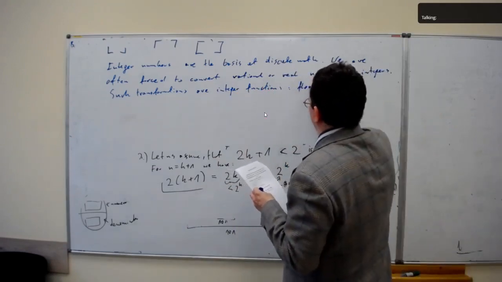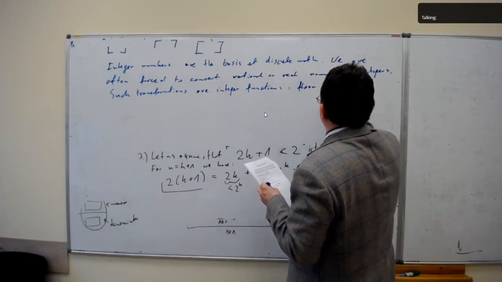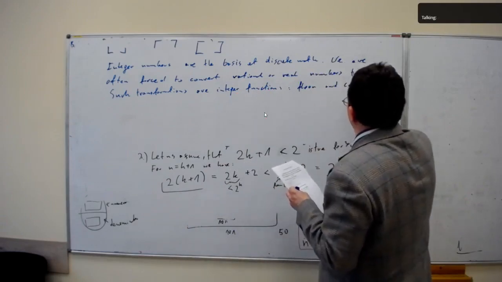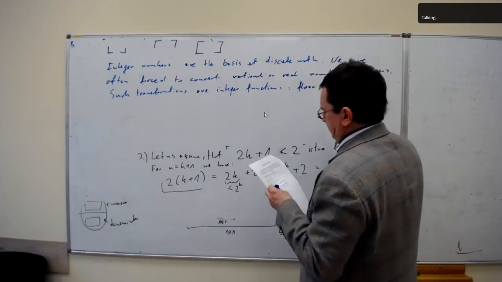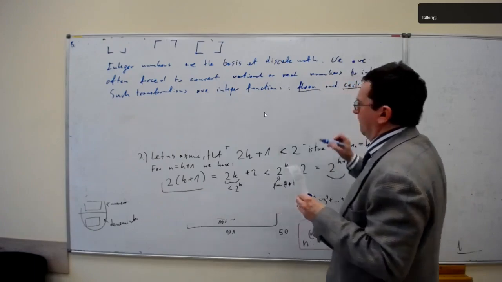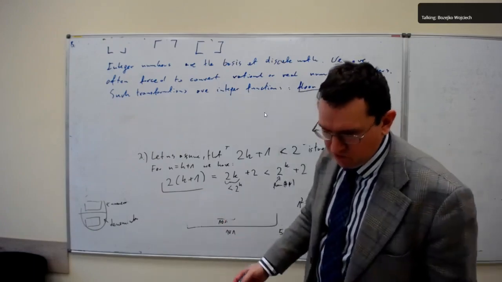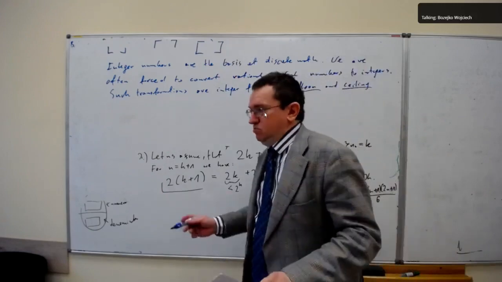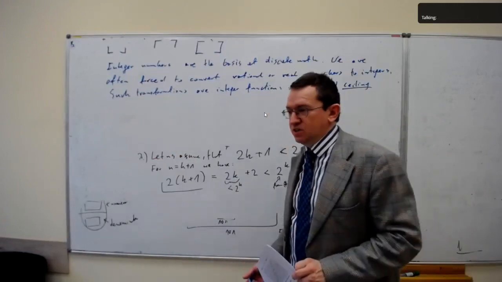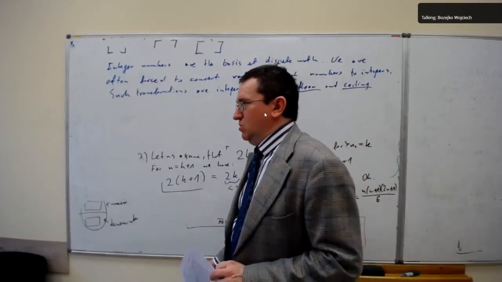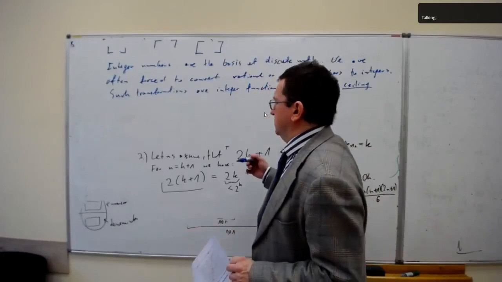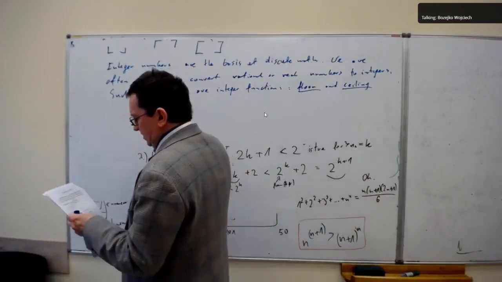Floor and ceiling. Floor means floor, ceiling is ceiling. So floor makes the nearest lower number, lower or equal. Maybe just examples.